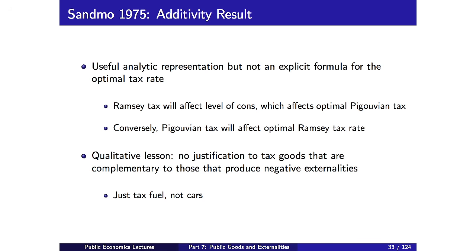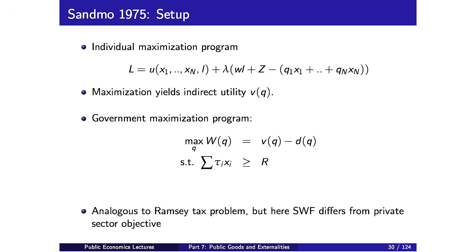And so what that means is, you might have the intuition, like maybe it's good to tax cars because we know that in order to use a car, you have to consume fuel, which generates an externality. So what Sandmo tells you is, no, even if in the utility function, like notice we're putting no structure on this utility function, right? So fuel and cars are going to enter as complements in this utility function.